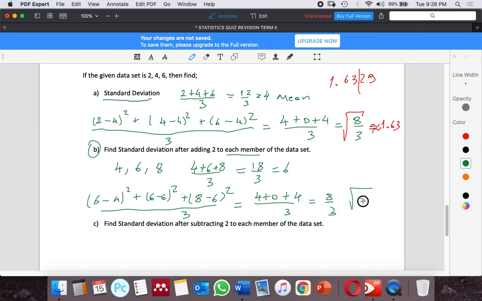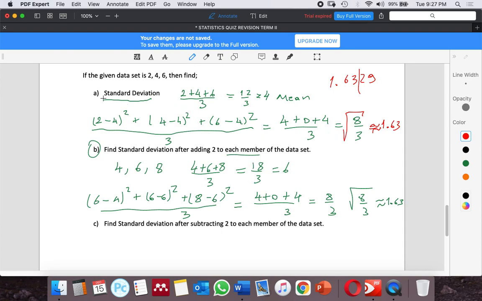So the square root of 8 over 3, we just calculated, 1.63. It's interesting. By the way, at the end of the solution, I will give you a general rule. When we subtract or add the same number to our data set, the standard deviation remains unchanged. So the answer to the question is the same as it was before.